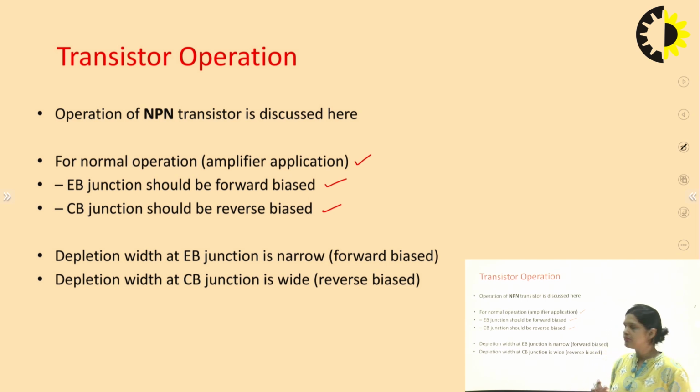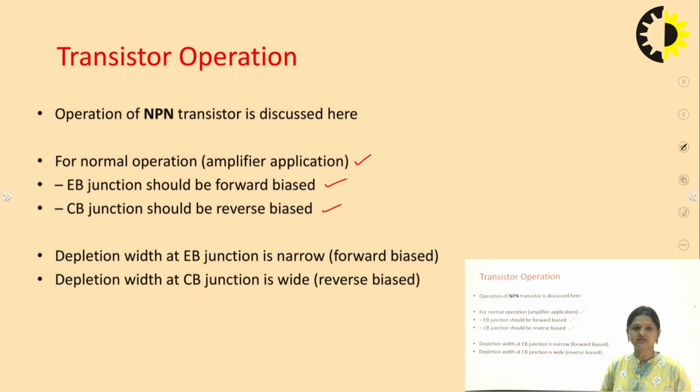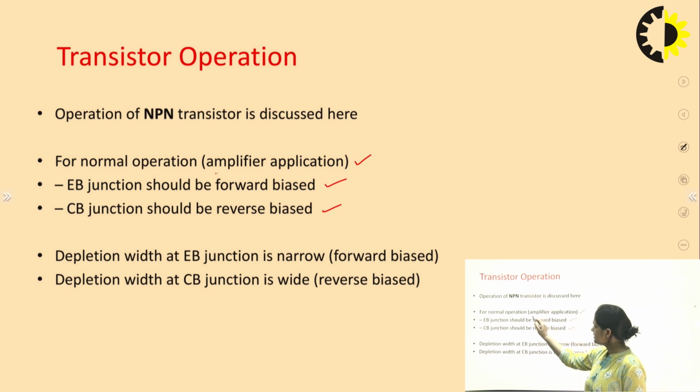Whereas the emitter base junction can be reverse biased and the collector base junction can be reverse biased. This situation is known as cutoff region operation. Whenever both the junctions are forward biased, the device is said to be in the saturation region. But only in the active region can the device operate as an amplifier.